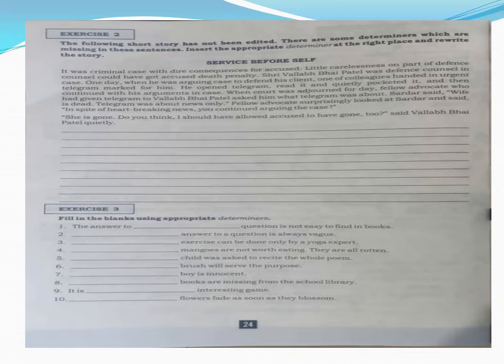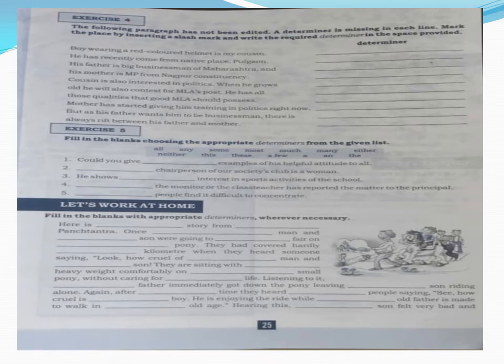Now we'll forward to page number 24. Okay, see children here. The following paragraph has not been edited. A determiner is missing in each line. Mark the place by inserting a slash. आपको आड़ी लाइन लगानी है, स्लैश का मार्क लगाना है and then write the required determiner in the space provided.